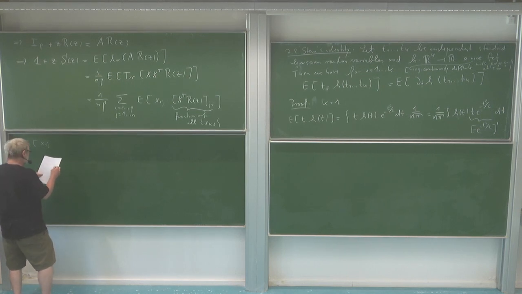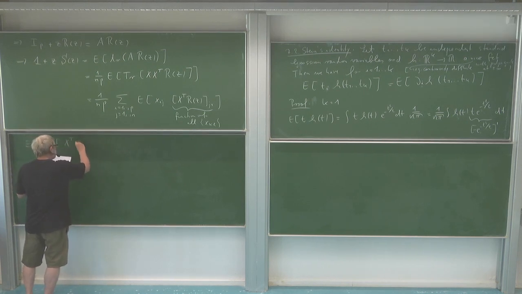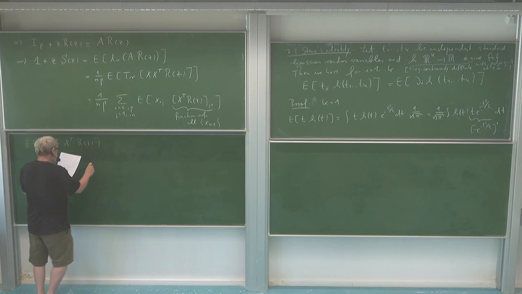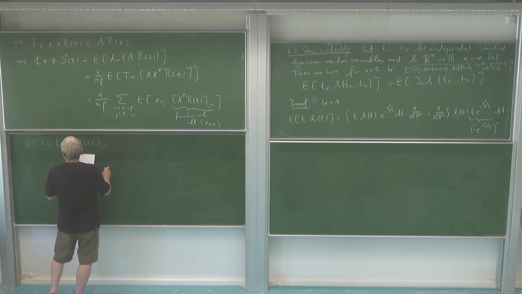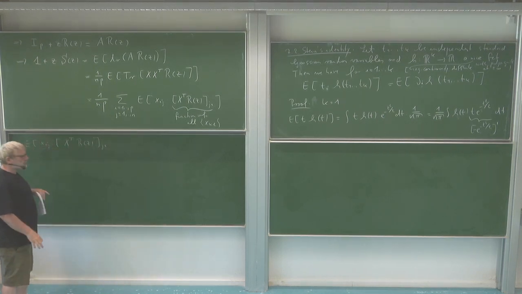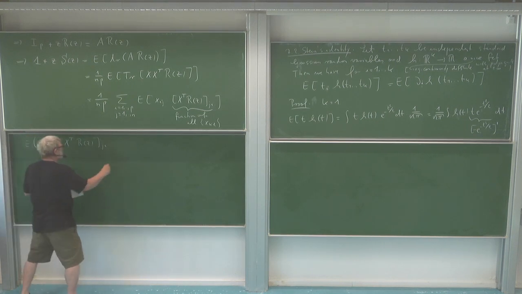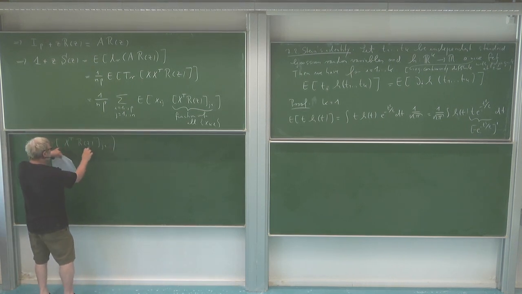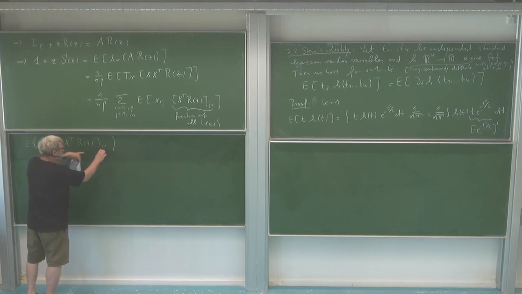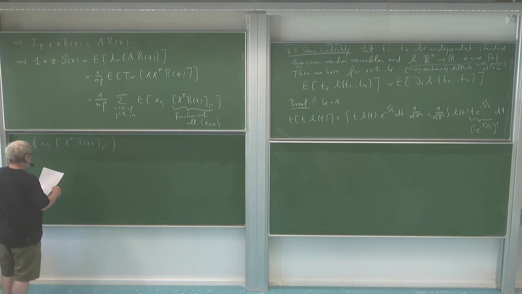I have x_ij, and then I have to multiply with the (j,i) entry of the matrix X^T R(z). Okay, I'm using square brackets for too many things. Here I'm taking the expectation of this, and if I write it like this, this is a matrix with the square bracket, and putting something here means I take the (j,i) entry of this matrix.